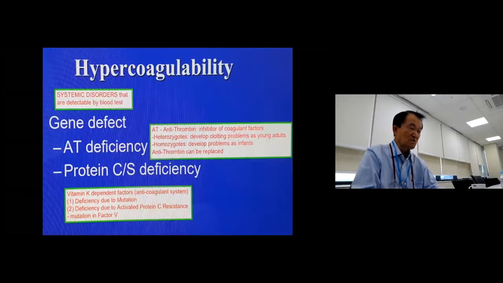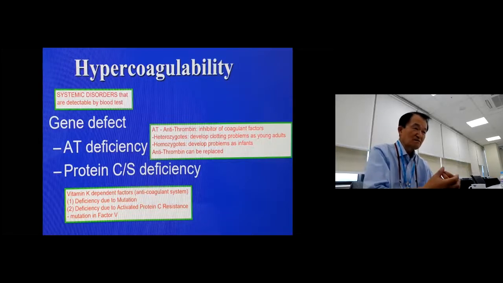So what happens in hypercoagulability? This shows antithrombin deficiency. Certain gene factors certainly influence it. And then protein C or S deficiency.